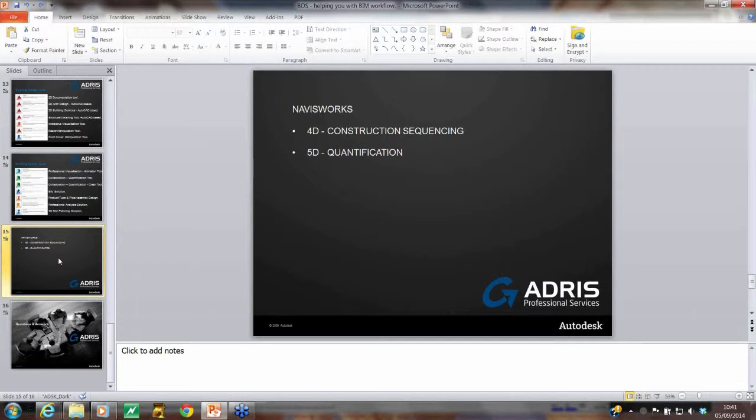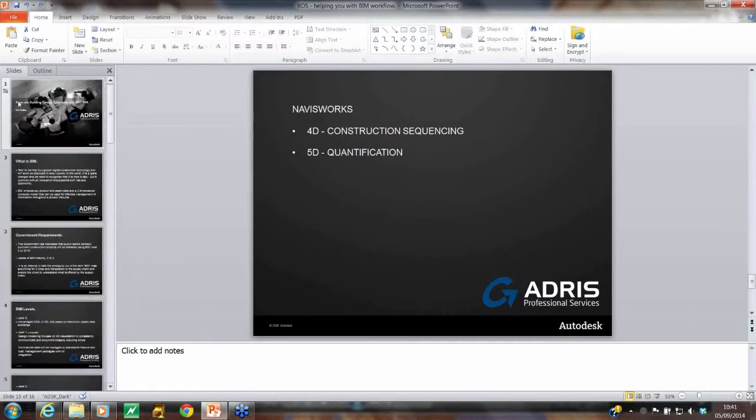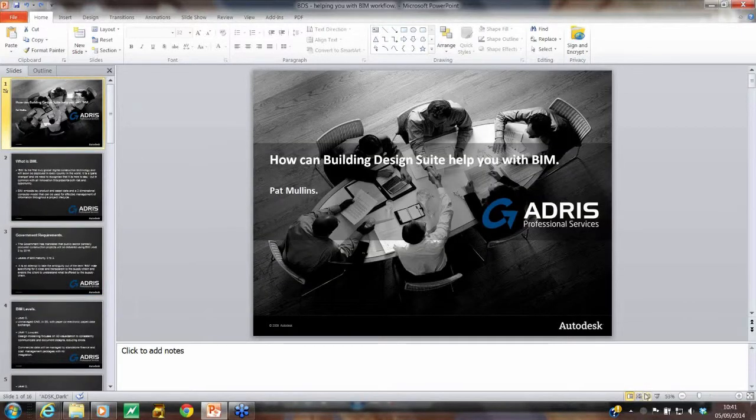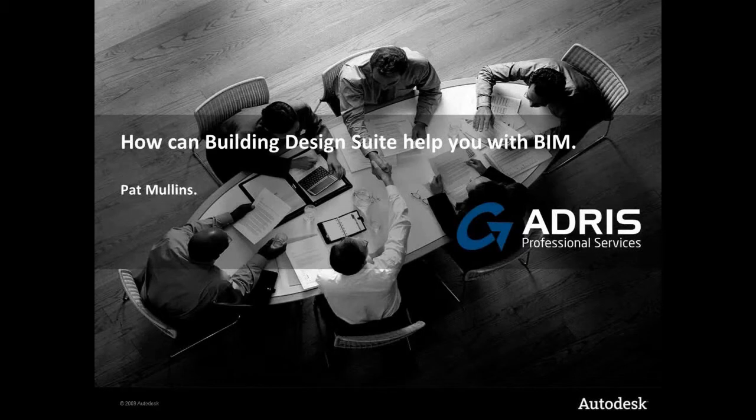So if we go back to the very beginning, how does a building design suite help us with our BIM solution? It helps us in terms of being able to produce 4D and 5D simulations. In the long term, it will also help us with the 6D project management and facilities management capabilities as well.